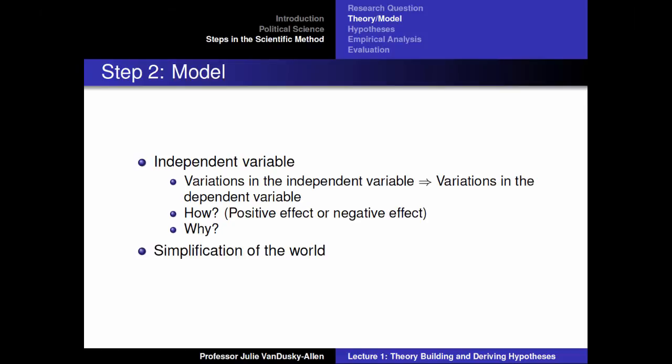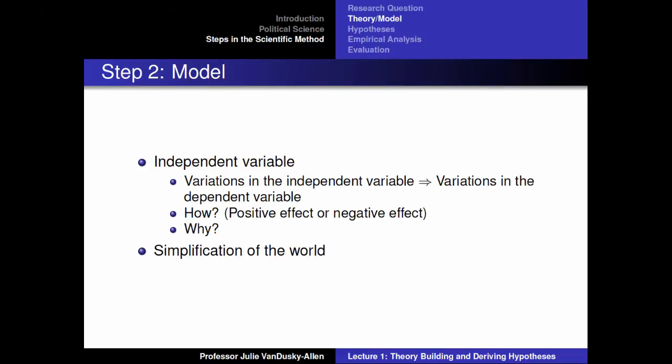If we believe the independent variable has a negative effect, we believe that as the independent variable increases, then the dependent variable decreases. For example, imagine our dependent variable was interstate war and our independent variable was interstate trade. We could say that as trade between two countries increases, the likelihood of interstate war decreases.